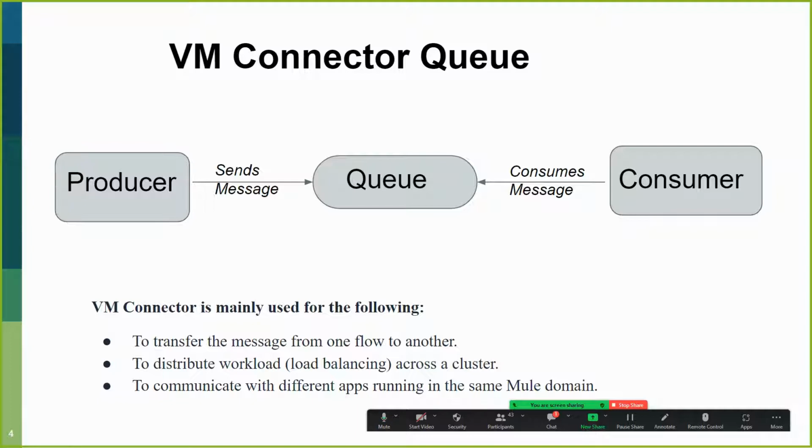So one use is to transfer the message from one flow to another asynchronously. And the second bullet point says to distribute workload. Distributing workload means if you have a large volume of data that you are processing, then you distribute it across clusters. Different clusters take chunks of the work, each one does part of it, and at the end they return the result to the coordinating computer.